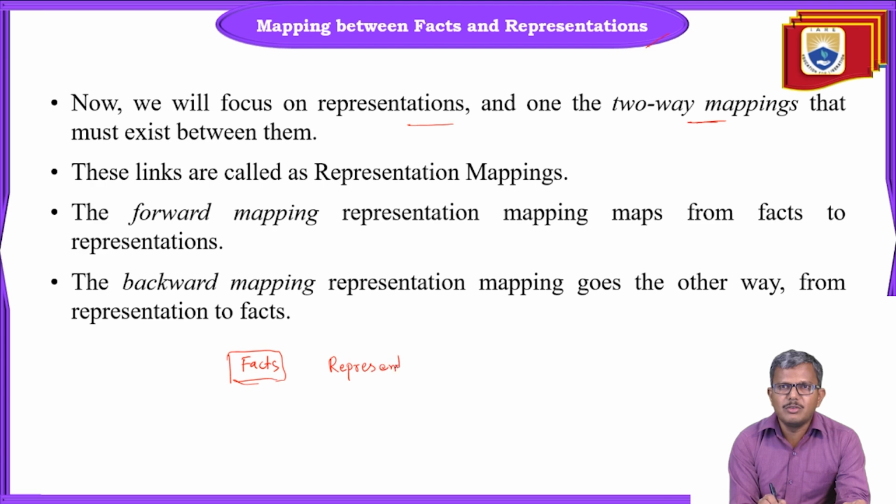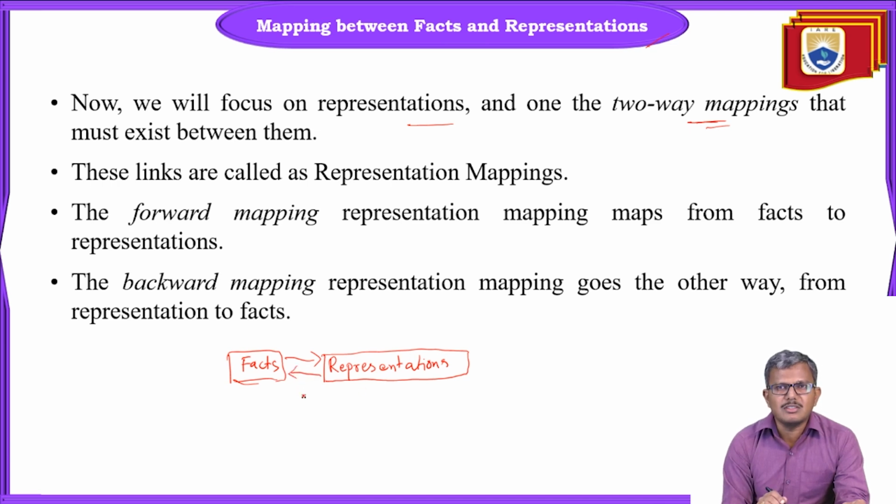These representations can be internal representations or external representations. When you represent these facts in the internal or external way, the mapping between the facts and the representations should be two-way. It should be from facts to representations and from representations to facts.